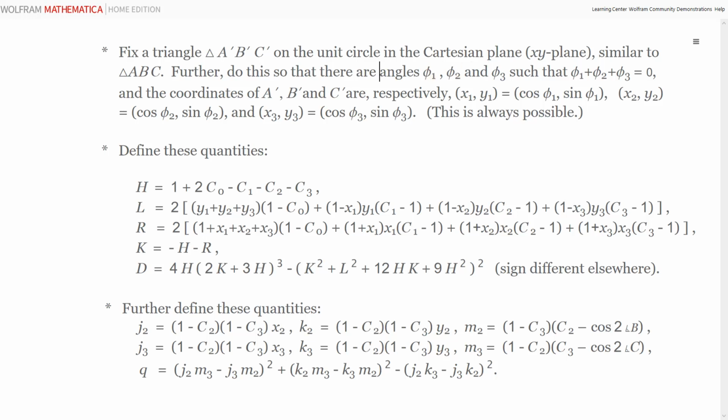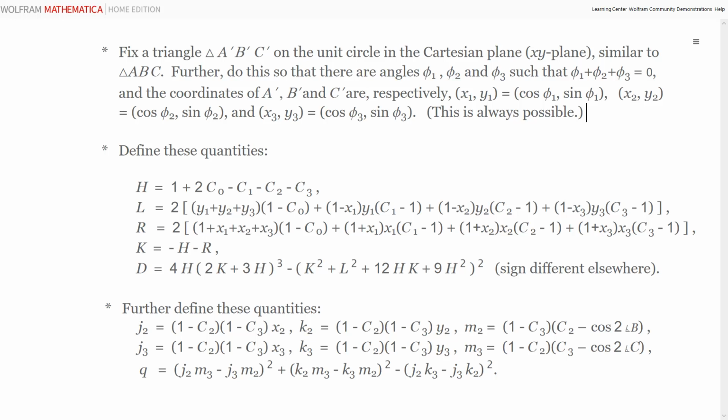And moreover, there are angles, phi1, phi2, phi3, that sum to 0 and are such that the coordinates of A prime, B prime, and C prime are respectively x1, y1 equal to cosine phi1, sine phi1, comma, x2, y2 equal to cosine phi2, sine phi2, comma, x3, y3 equal to cosine phi3, sine phi3.